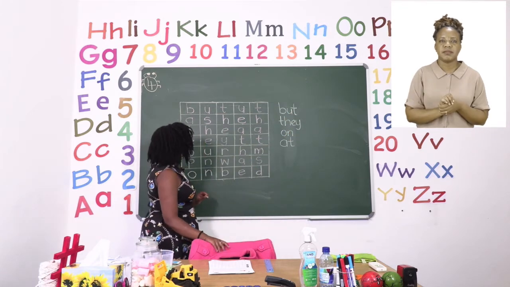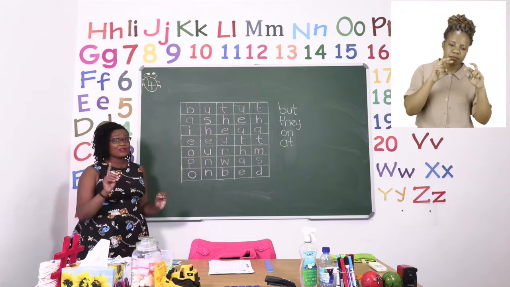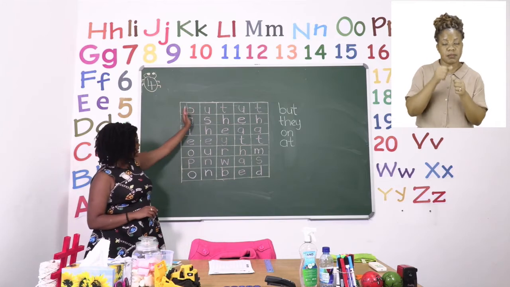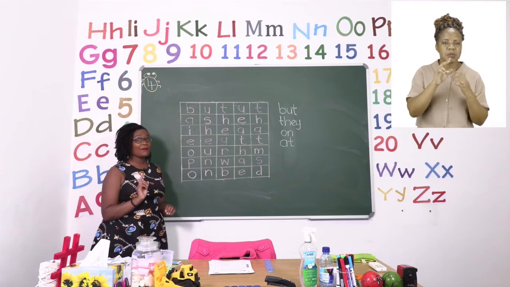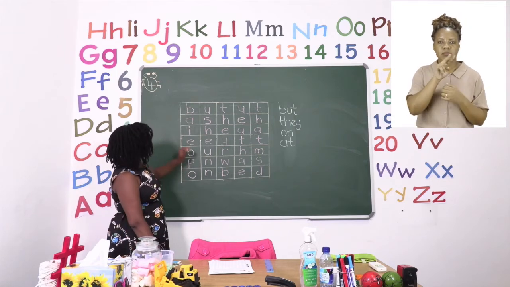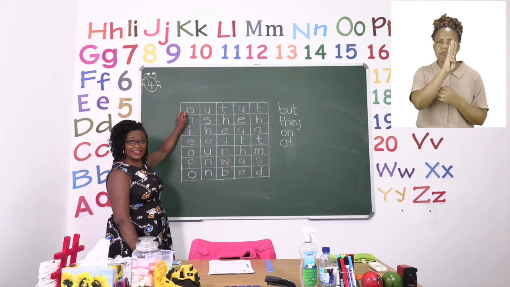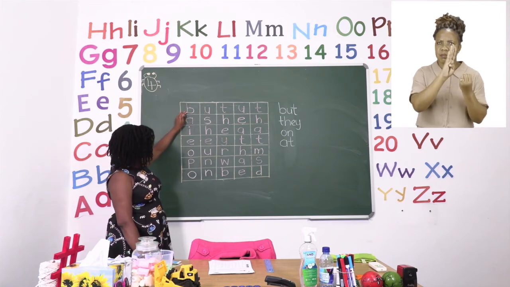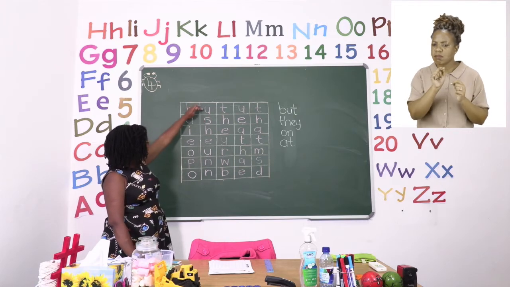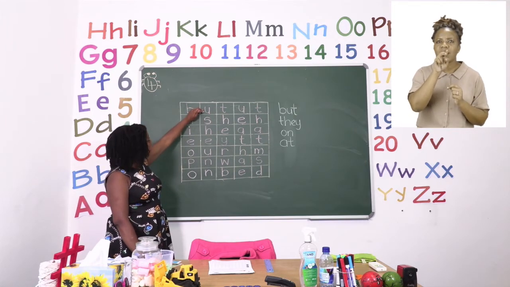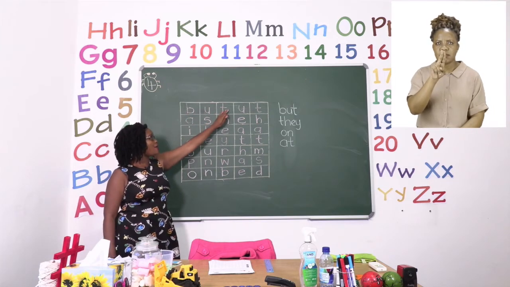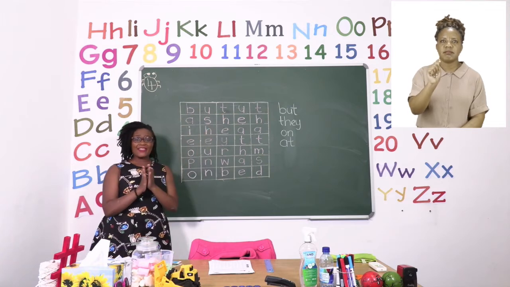Let's now try and look for them. Remember, when you're looking for your words, you can either start by going across or down. In this case, I want to start going across. So let's take a look. B. Oh, we already have a B. And let's see if we have an A. No. No. Yes, we have an A right next to B. And of course, we have our T. Wow, that was easy.